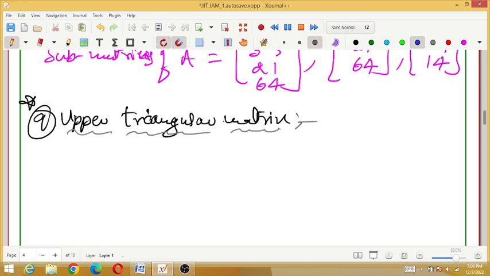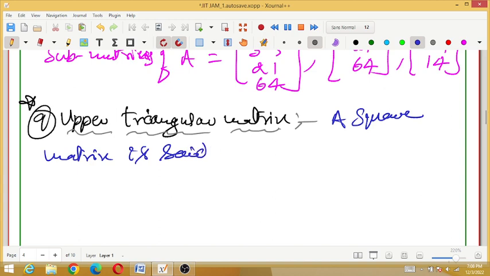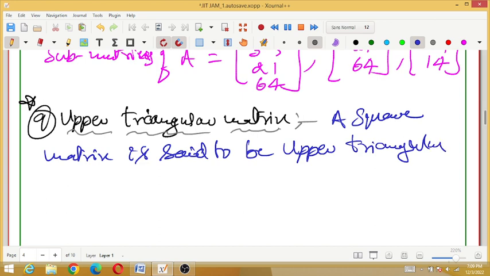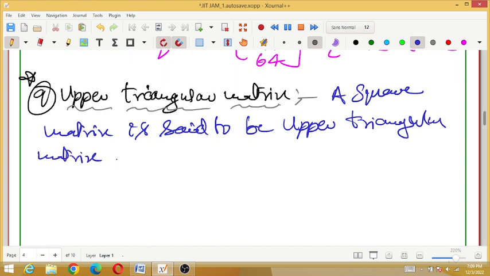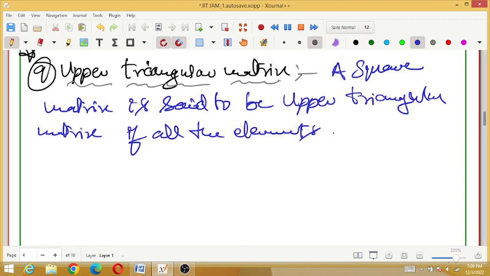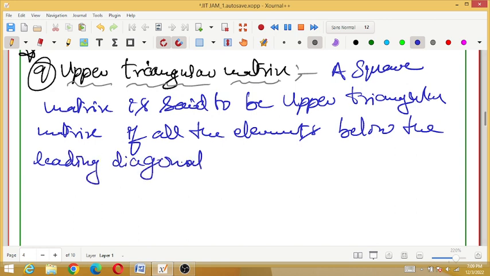An upper triangular matrix is nothing but a square matrix is said to be an upper triangular matrix if all the elements below the leading diagonal are 0.